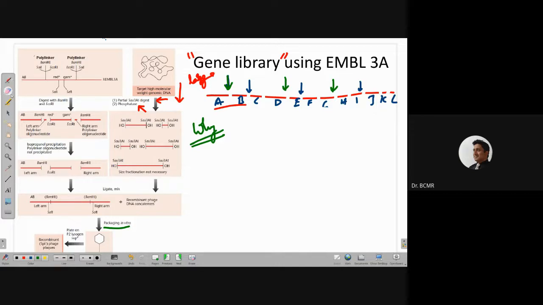Because we are learning these as a course right now, I would want you to try to remember, and not just mug up that Sau3A is used, phosphatase is added, and so on. It doesn't make sense that way. Because if you really are going to implement anything like this, say you are the person following this protocol and you didn't have Sau3A or phosphatase, then what should you do?